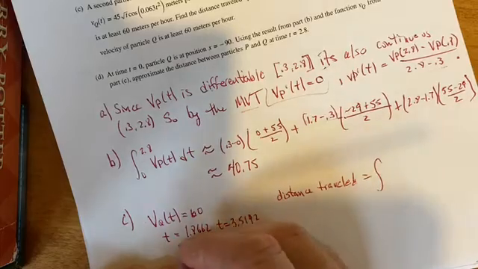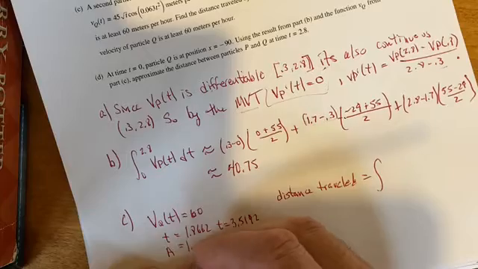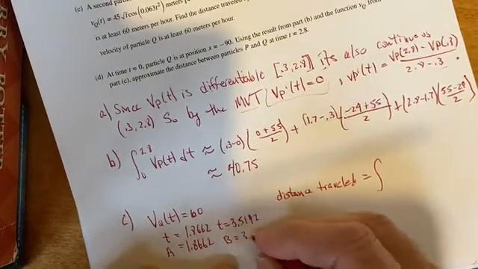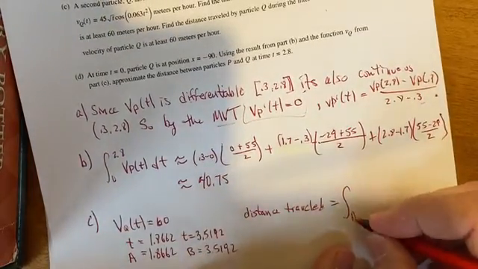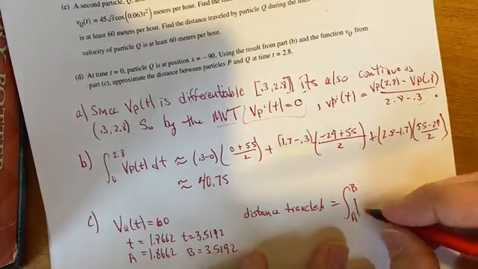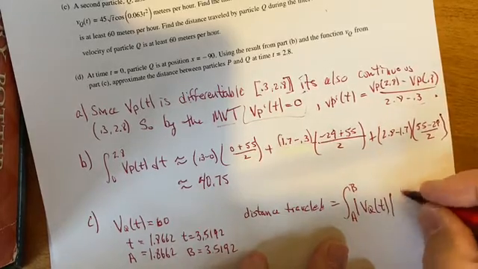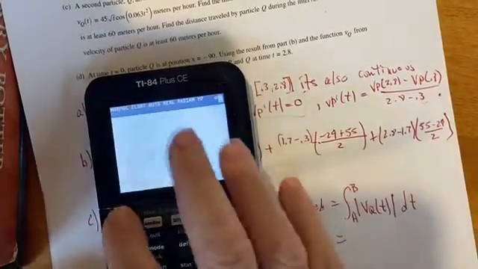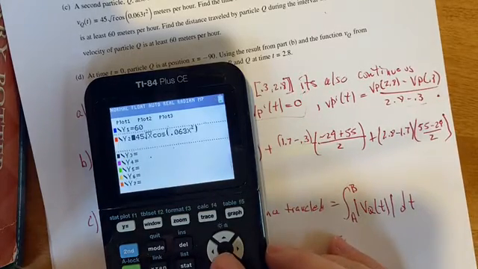I'm going to assign A as 1.8662 and B as 3.5192. I'm just going to integrate this from A to B. And since it's the total distance, we need the absolute value of this. Okay, so deactivate that one.